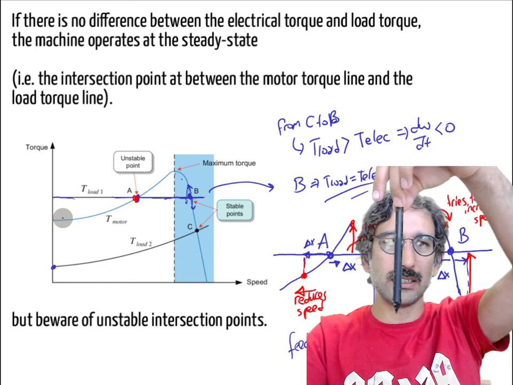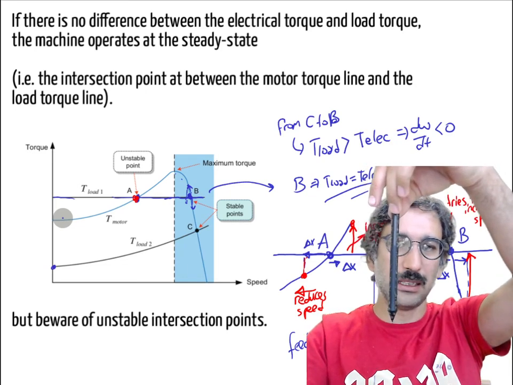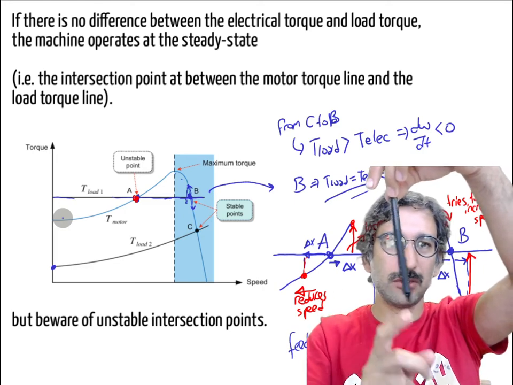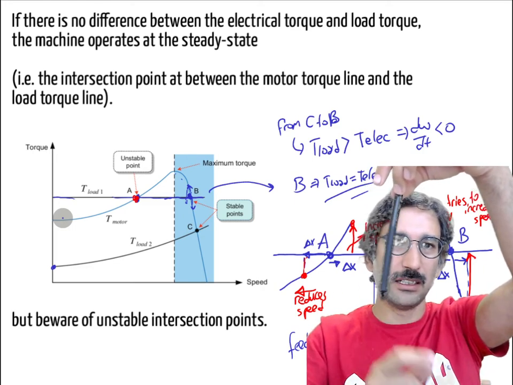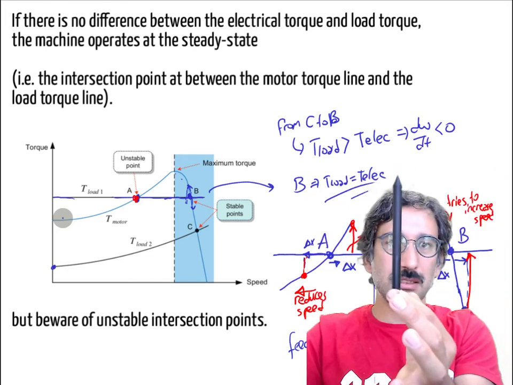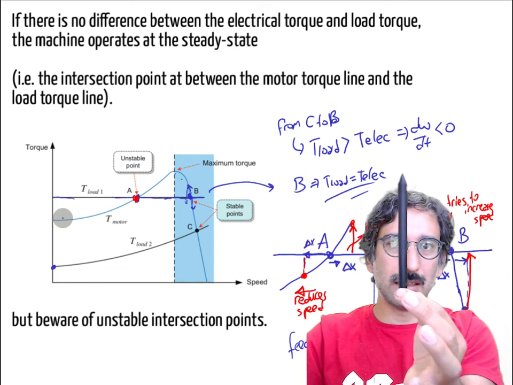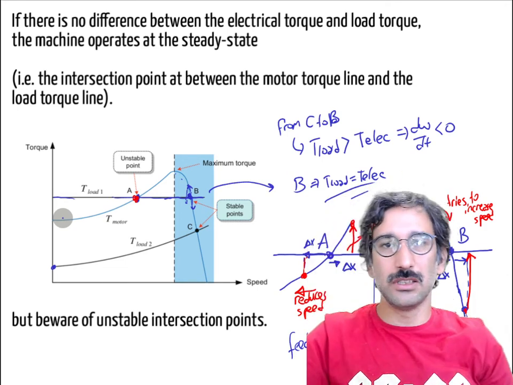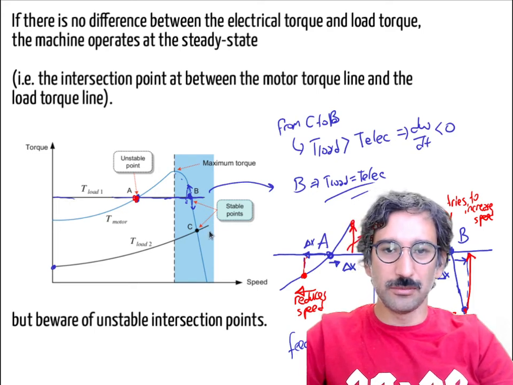If I keep my pen like that, it is at point B; I can give some disturbance, but it will still stay at point B. Point A is a balance point like that. Technically it is possible, but if there is any slight disturbance, it will get away from that point.